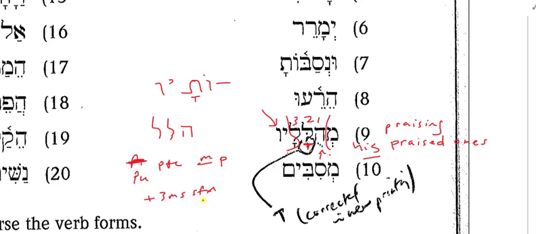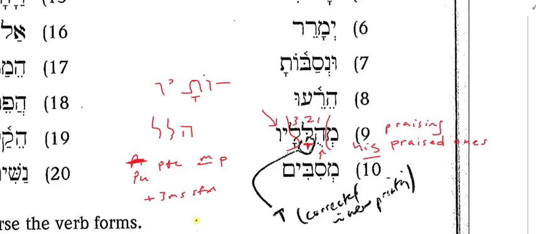Right. Well, see, because Pual verbs are passive, not active, then you can't take the pronominal suffix as indicating the object of that participle, because passive participles don't take objects, right? They're not transitive.